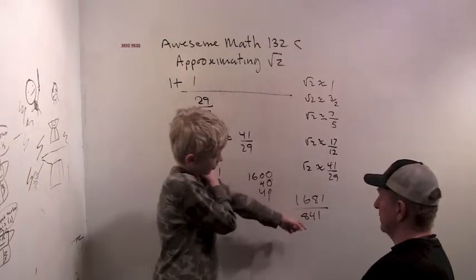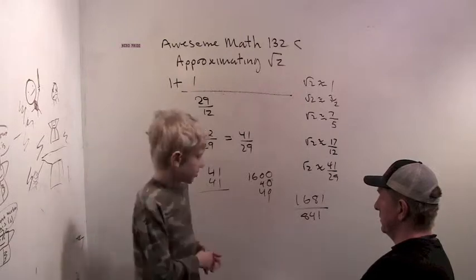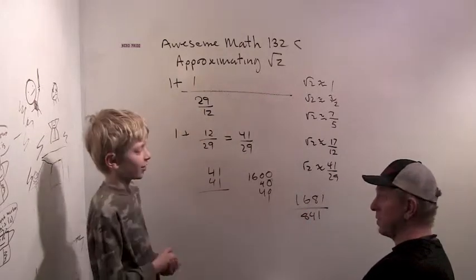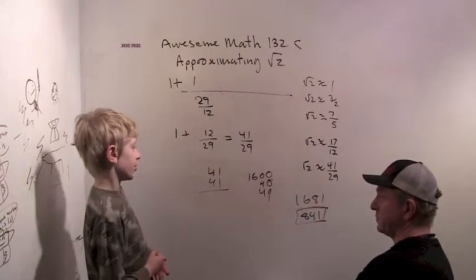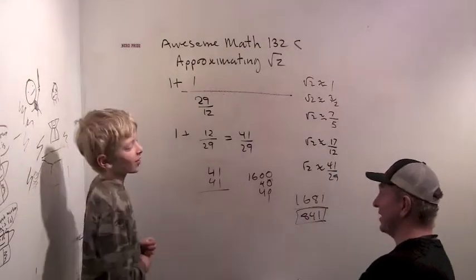Well, 800 times 2 is 1600, and then 40, so it's almost. What would be double this on the bottom? It would be 1682. Whoa, really close. Really close, right?